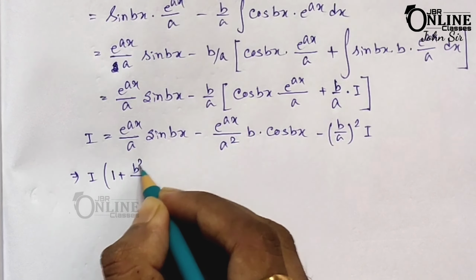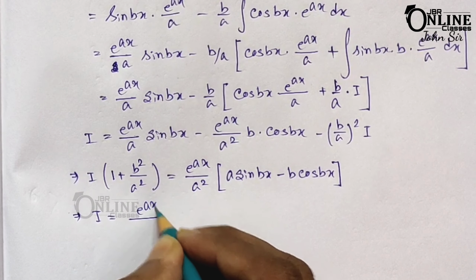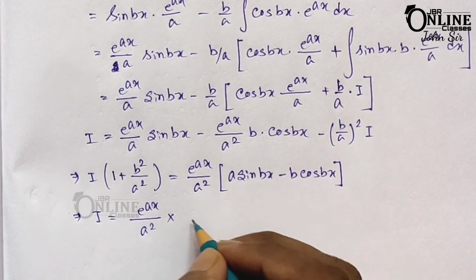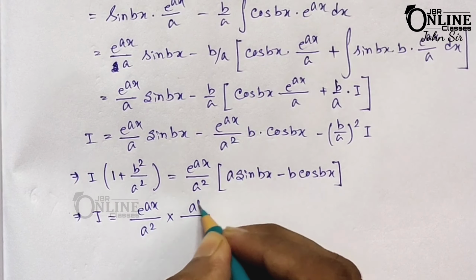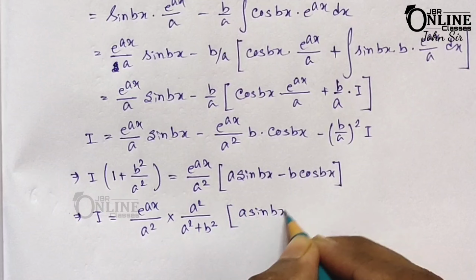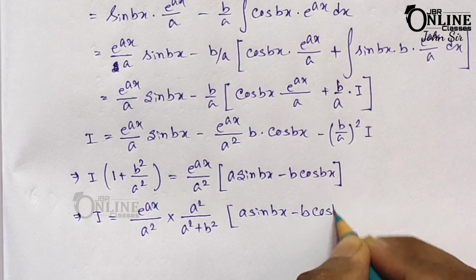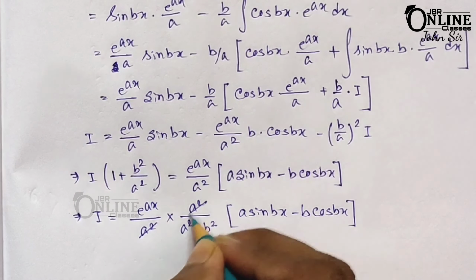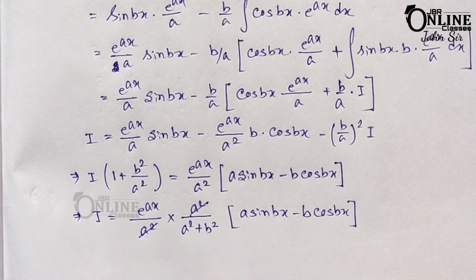So then here I equals e to the power ax by a square, and this one will be a square by a square plus b square, then a sin bx minus b cos bx. So here a square cancels out, that means your final answer will be e to the power ax by a square plus b square, then a sin bx minus b cos bx. You can also write here plus c. So this is your final answer.